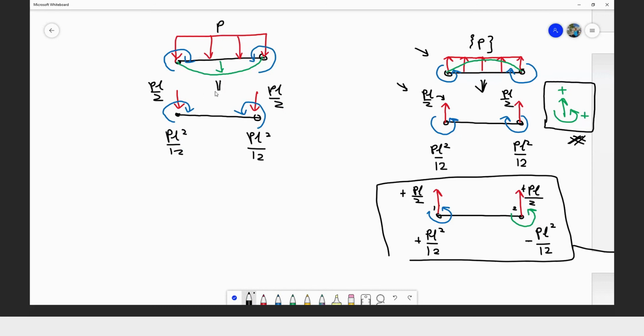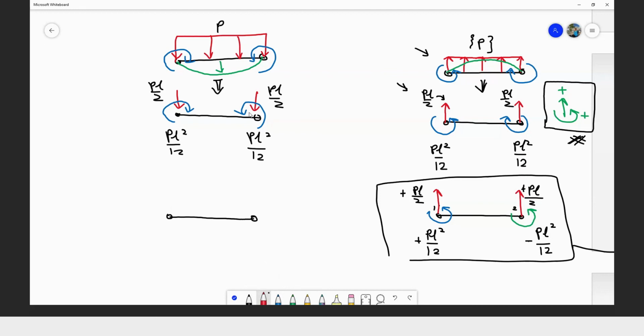So this is the progression from the physical. We see the physical looks like this. How do we convert it to equivalent force and moment? And then how can we convert it for the finite element application?